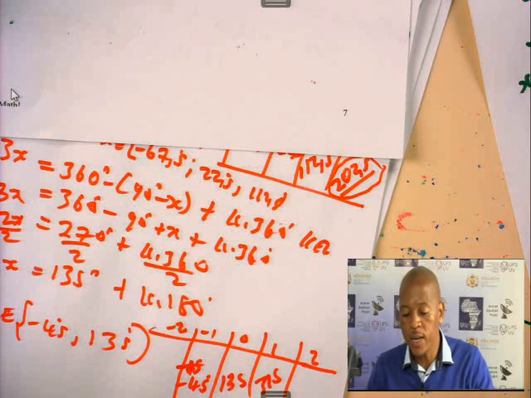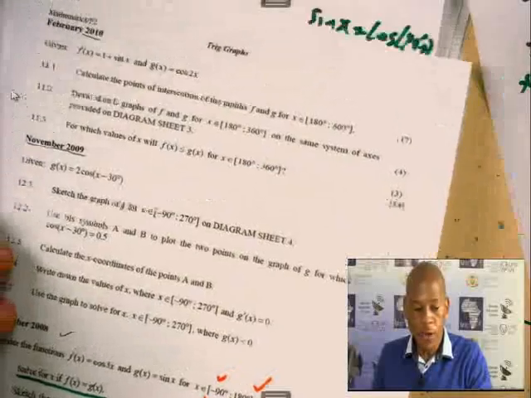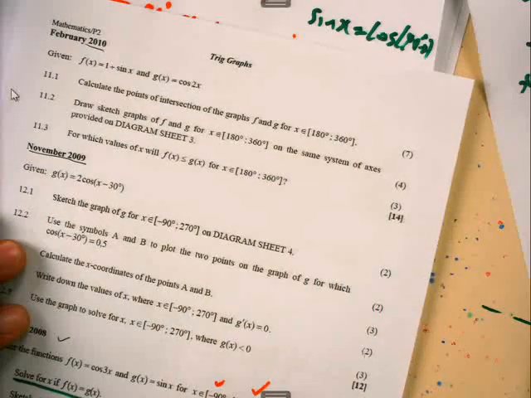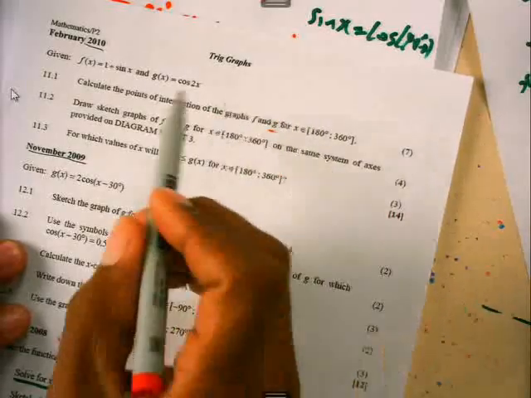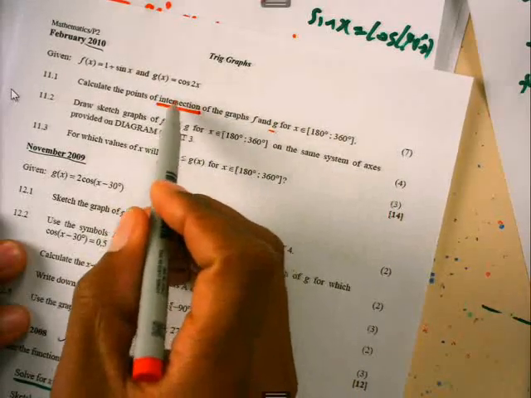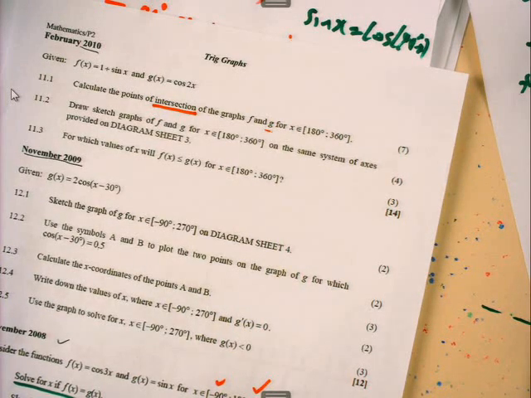Now you know that where the two graphs intersect each other, at that point the graphs are the same. Now we have more or less the same question here. Calculate the points of intersection of the graphs f and g. Where the two graphs intersect, the two graphs are equal.